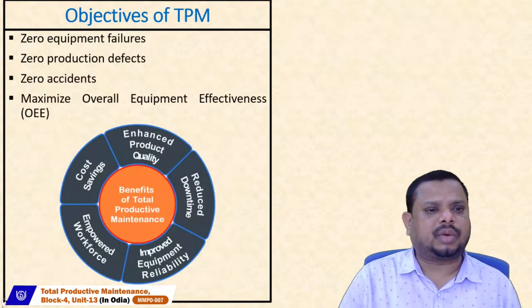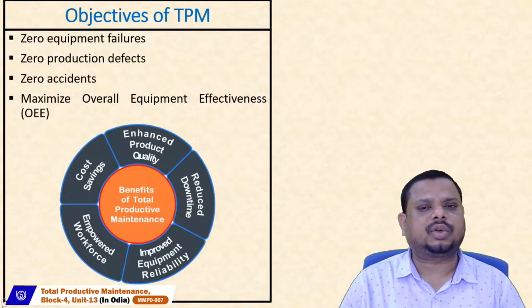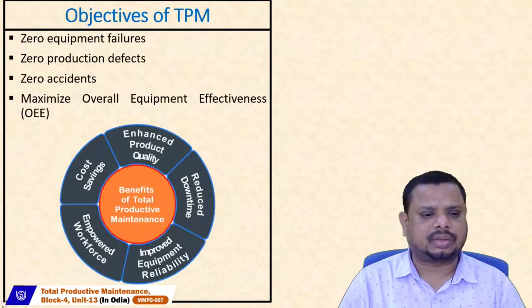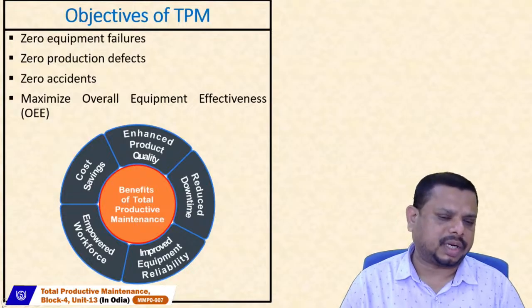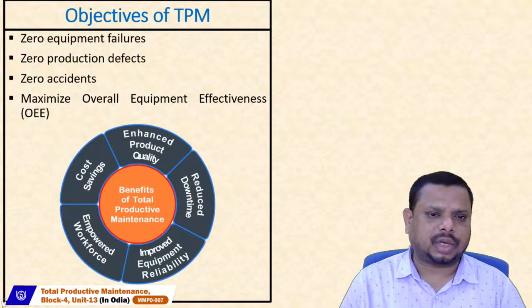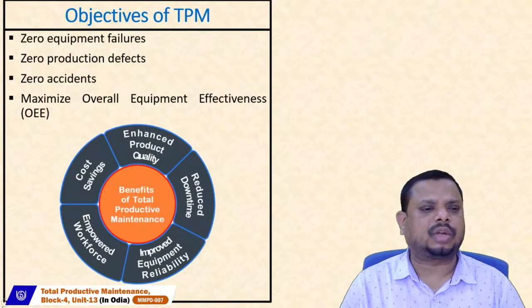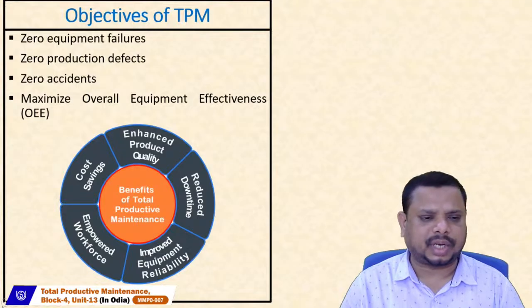The next one we have is the objective of total productive maintenance. The first point is zero equipment failures. The next one is zero production defects, zero accidents, and the last one is maximize overall equipment effectiveness, which is shortly known as OEE. So how are these benefits implemented in total productive maintenance? Whenever you introduce this particular system, it is through the participation of all levels of employees and the implementation of a philosophical approach like preventive and proactive maintenance.